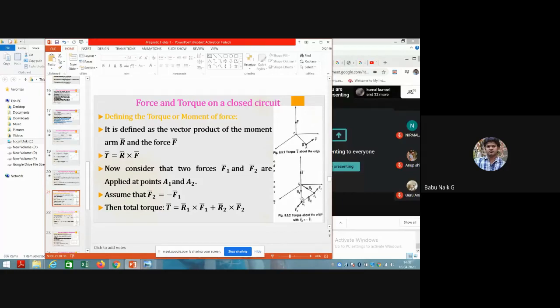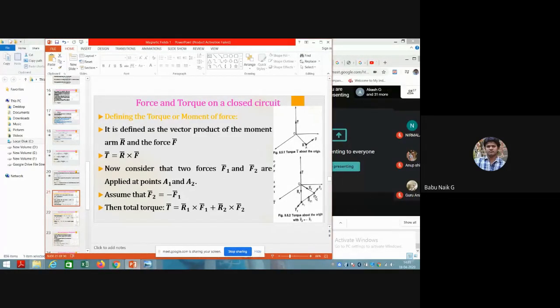The distance vector from the origin to A1 is R1, and from the origin to A2 is R2. The vector between these two is R21, which you can find on either side.